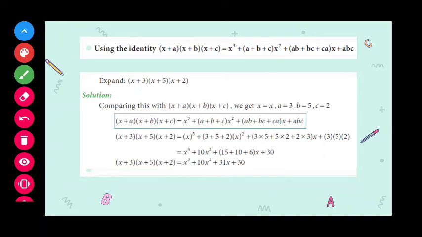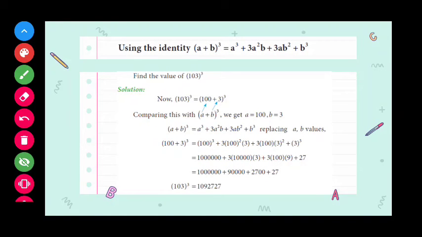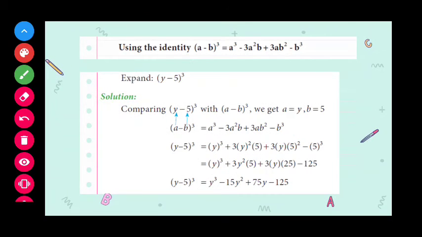Okay, let's revise what all we have seen so far. First thing is we saw how to find the value of a number to the power 3. We just split the number into two parts and then substitute the suitable identity. Then we proceed to get the answer. Next, we saw how to find the value of an expression to the power 3.